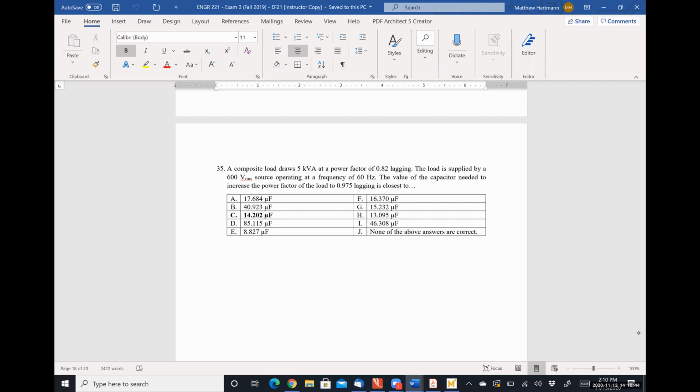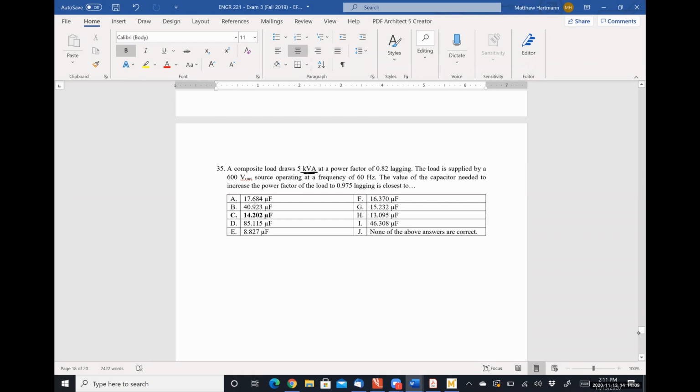We have units right here. They tell us what type of power we're dealing with. So again, is it average power, apparent power, or reactive power? It's apparent power. Exactly right.